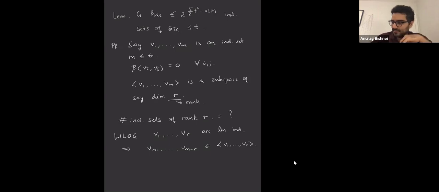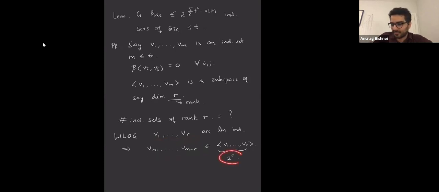This thing has size 2 to the R. Anyone? You can also unmute yourself if you want. We just want an estimate, we don't need an exact calculation, but of course that's fine. Say we have picked the first R, we're going to look at that later. Once we have done that, how many choices are there for these elements?